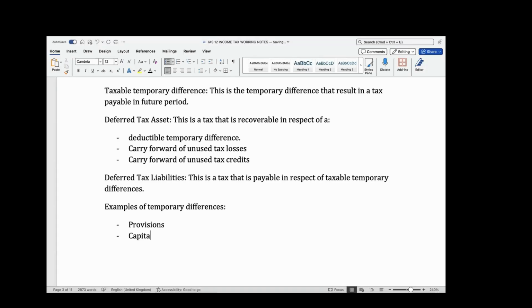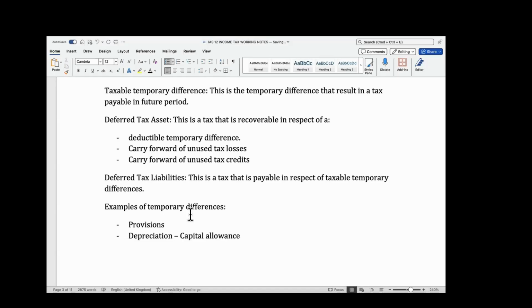Another one is depreciation. When you recognize depreciation in the books, the taxman will not capture this. Though the taxman will capture something else immediately, what he will capture is capital allowance, and the amount will be different. So the difference in those amounts is also a temporary difference.